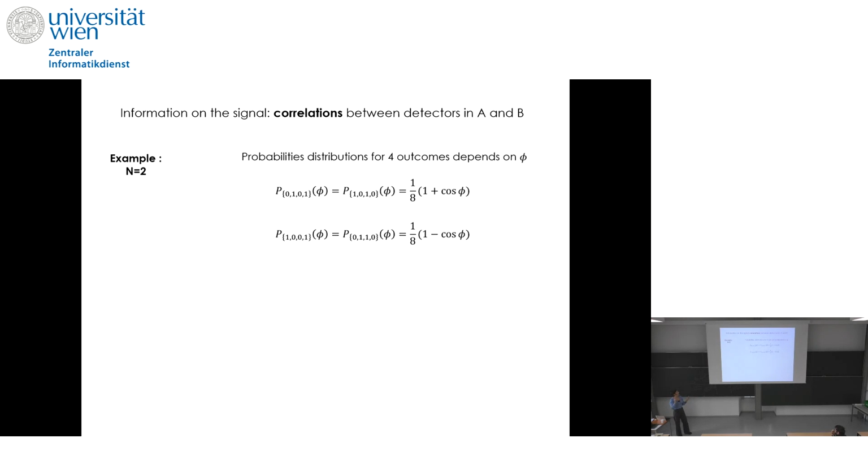So when you compute the probabilities, you have different situations, right? Both of your photons can end up on one side of the receiver. And in this case, you will not get any information on your signal. So only four outcomes actually will give you some probabilities that depend on the relative phase shift phi.